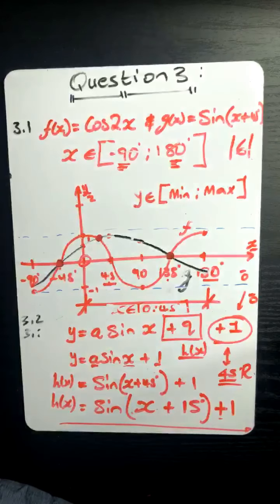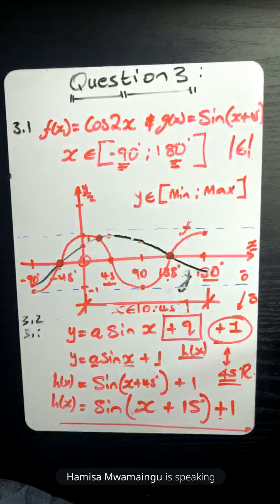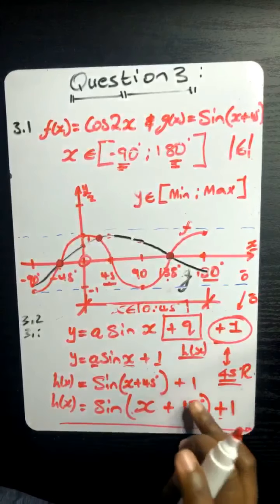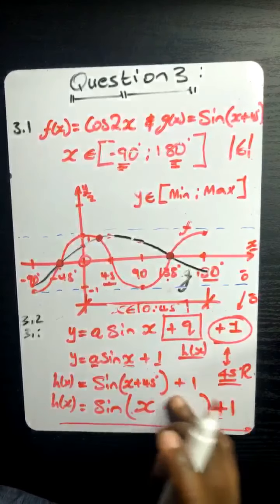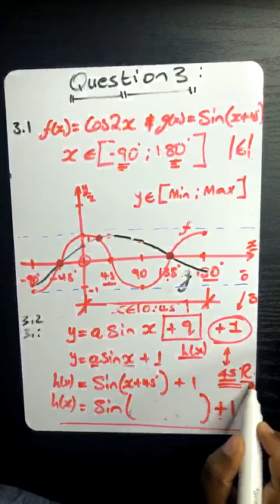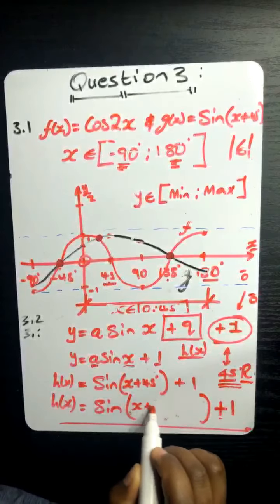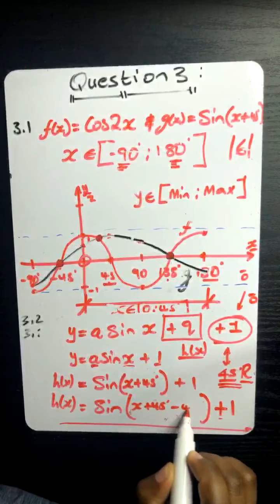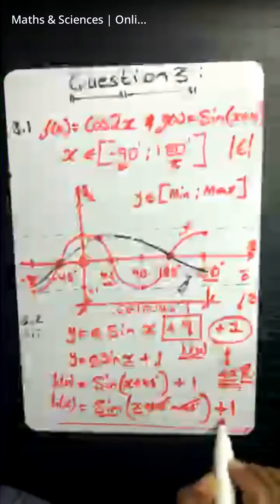It was going to be h of x equals sine of x, plus 1. Because if it shifts by 45 to the right, you have x plus 45 already, then you write the opposite sign being 45. So that cancels that, and you have sine of x plus 1.